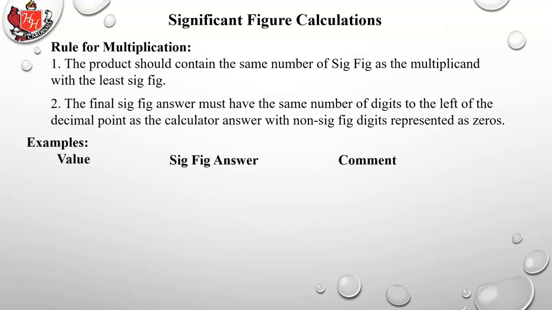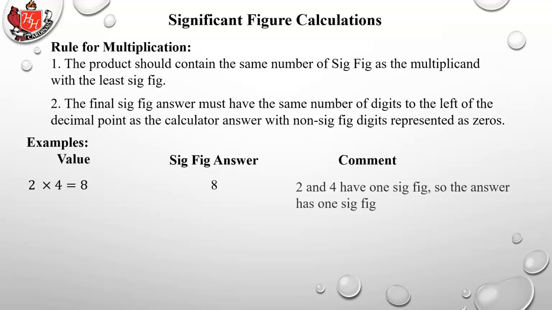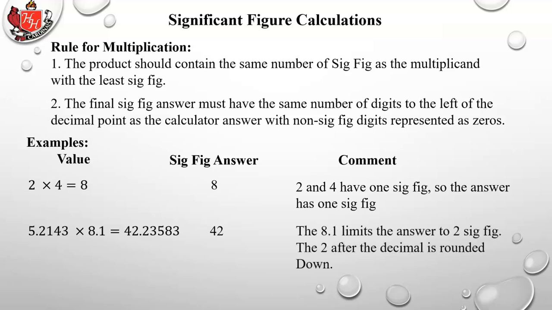Alright, so let's practice. You can always pause the video, so do that, pause. Okay, and the significant figure answer is 8, because 2 and 4 each have one significant figure. Okay. Pause. Okay, so the significant figure answer is 42. 8.1 limits the answer to 2 sig fig, and the 2 after the decimal is rounded down.